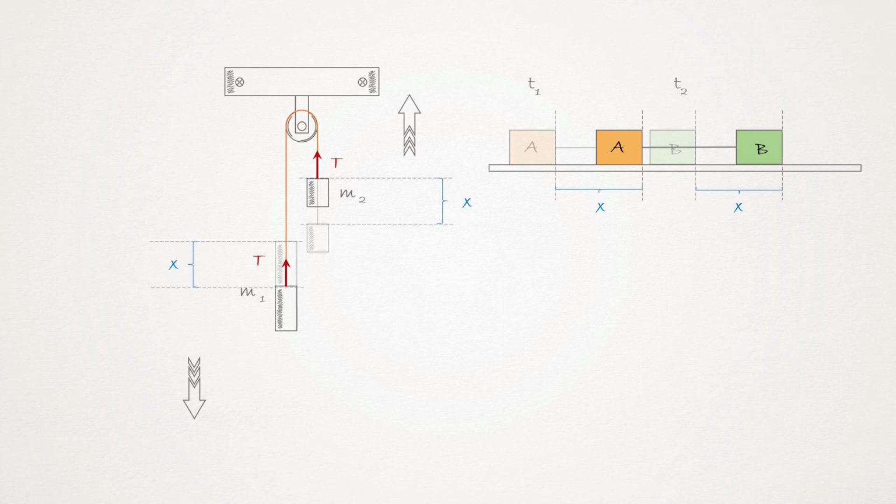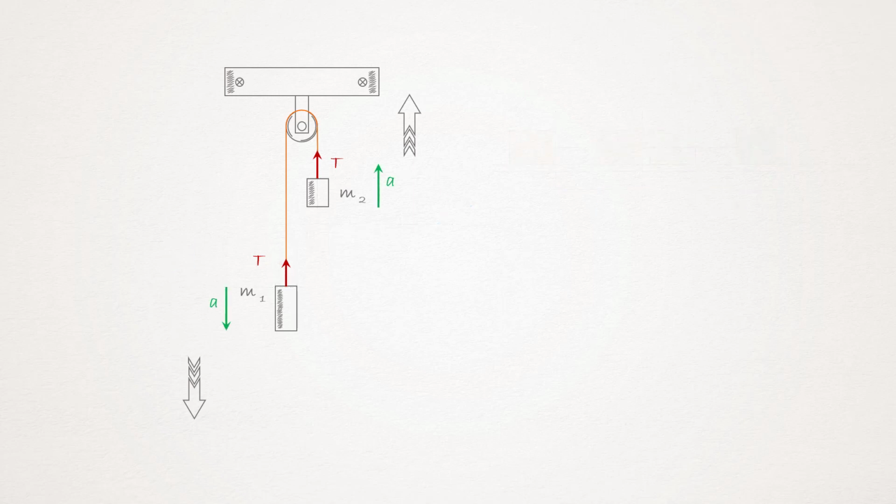This means that their velocities are the same, and if they change their velocities in the same way in the same time interval, then by definition their acceleration is also the same. So whatever equations we formulate for each object, we will have the same tension and the same acceleration for both objects. Now we are in position to start writing the equations.